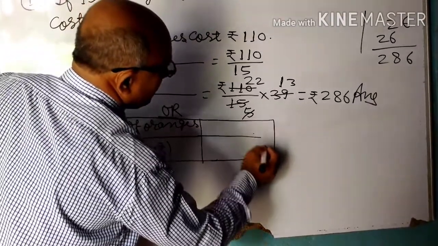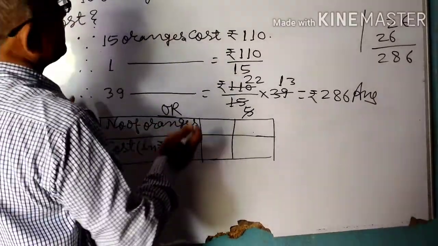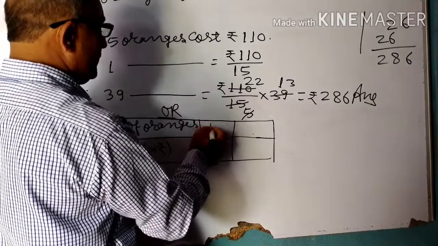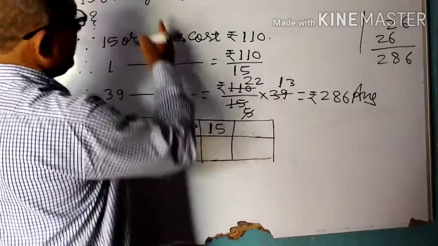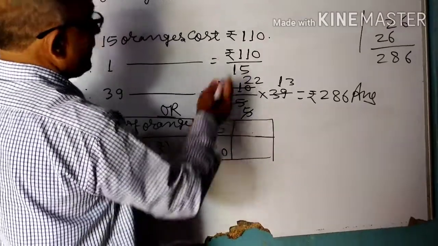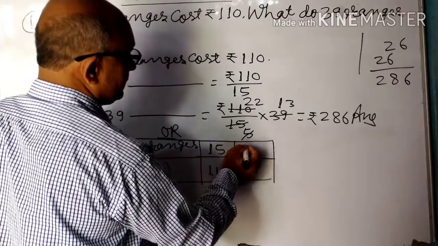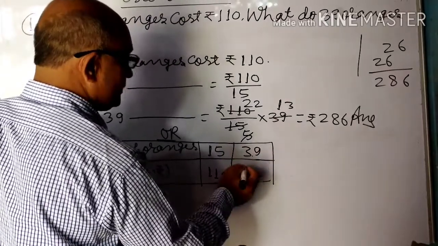Number of oranges 15, 15 oranges cost rupees 110, and number of oranges 39.